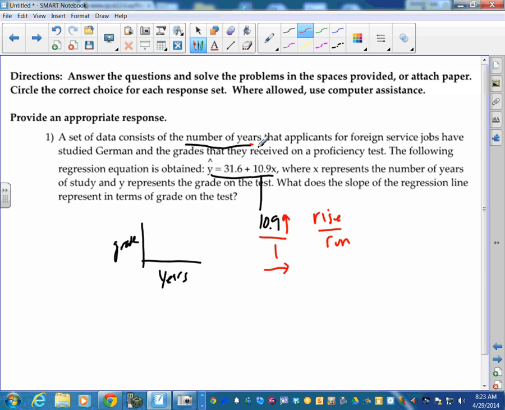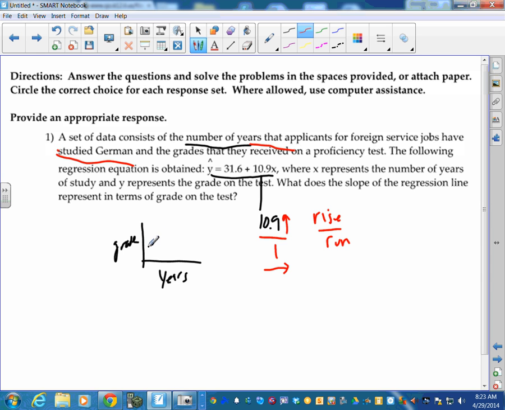X is the number of years the applicants studied German, and the grades they received on the test is the Y. Close. Not for every right answer, but for every extra year they study, their grades are going to go up 10.9 points.